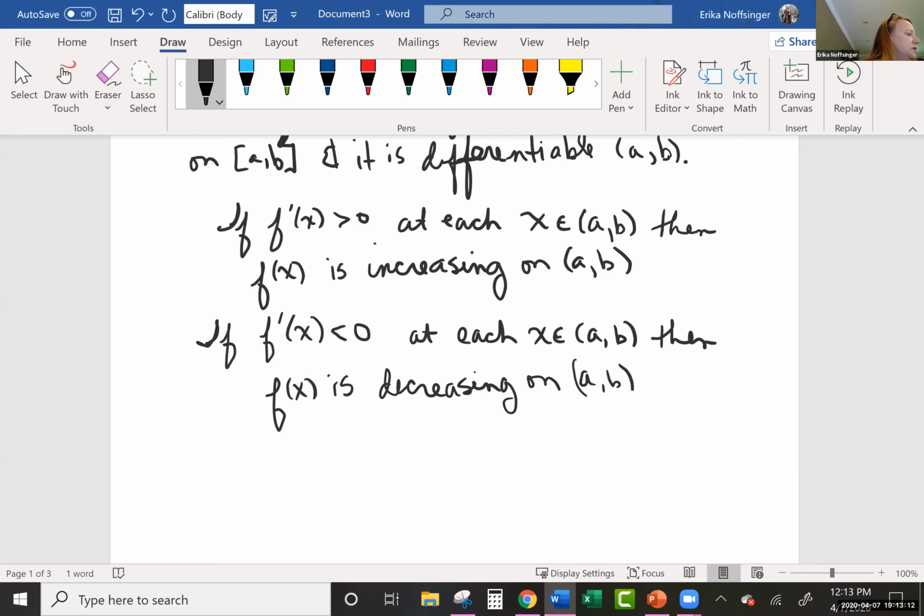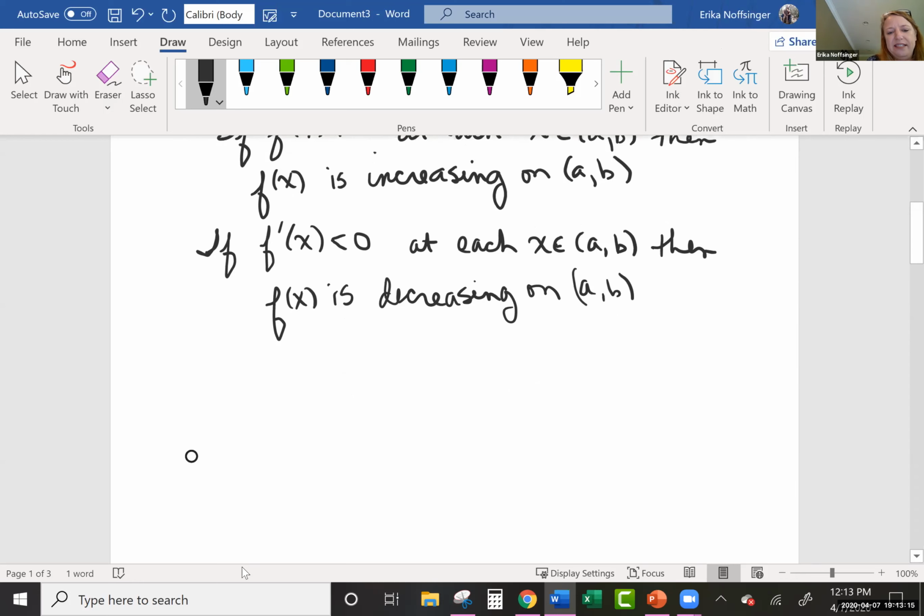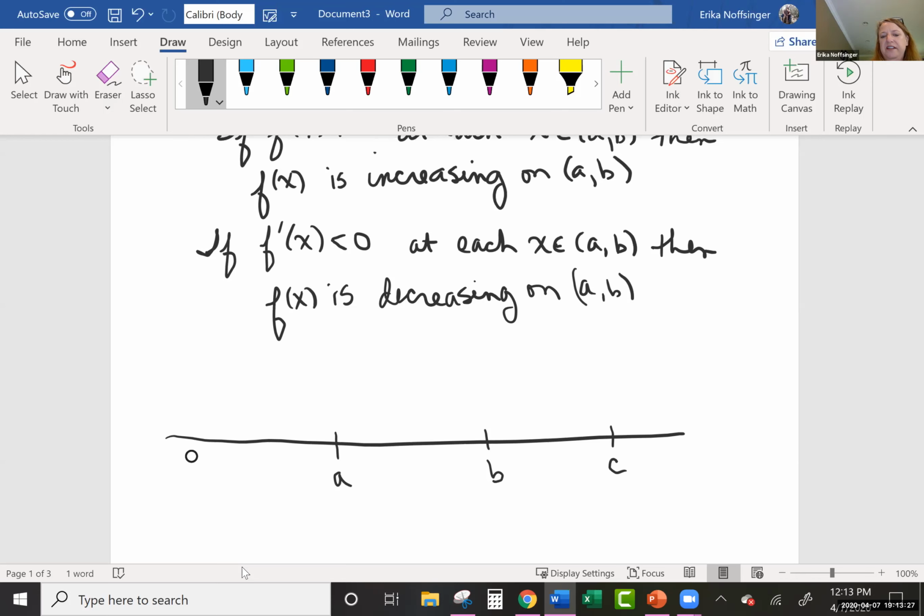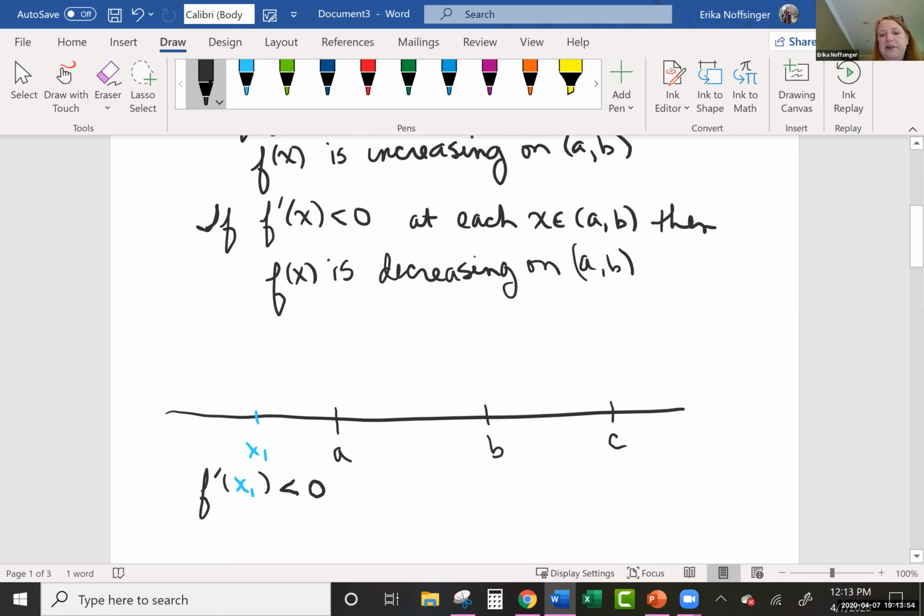Okay, so let's say that we had some graph, and let's say we had some values, A, B, and C. And we plugged in some value of x that was contained on the left of A. And let's say we plug that into the first derivative, and we found that we got a number that was negative, less than 0.